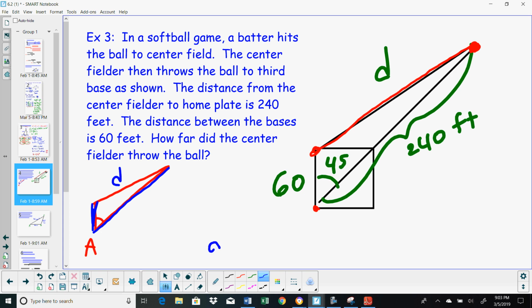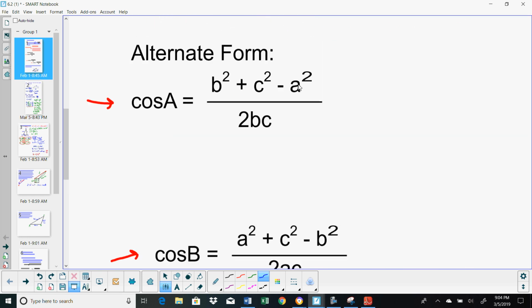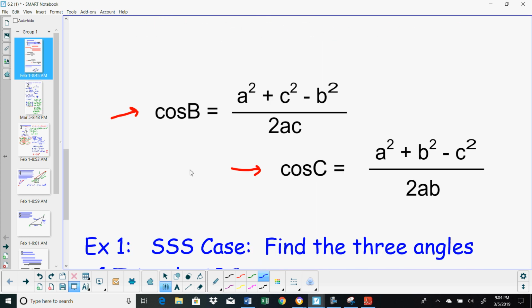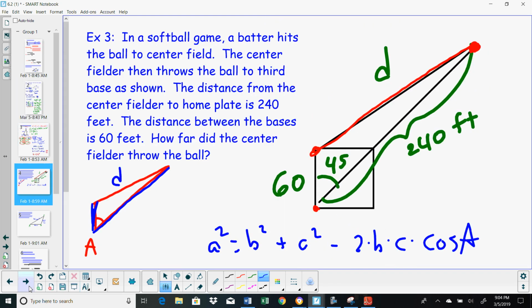So in other words, I want A squared equaling B squared plus C squared minus 2 times B times C times cosine of angle A. Let's see how well I remembered that. Whoopsie, back up. I wanted this one, B squared plus C squared minus 2BC times cosine of A. And I think that's what I have here.